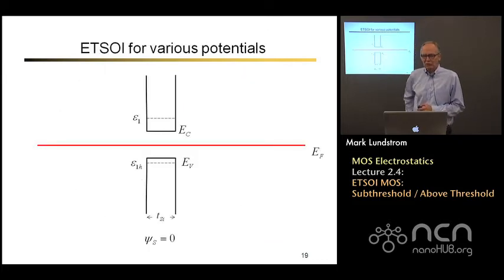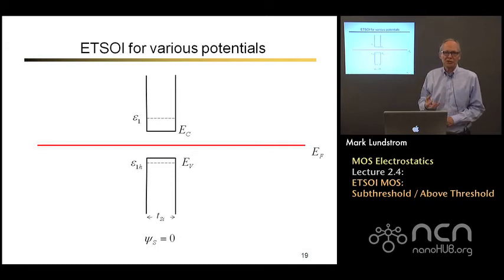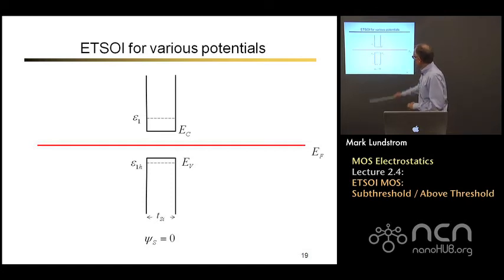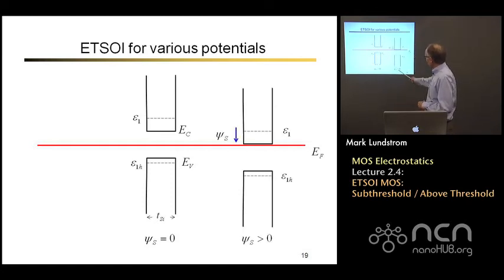Okay, so what would things look like for various potentials? If this is my starting point, I'll just call that my arbitrary reference. That's zero potential in the semiconductor. Psi sub s now refers to the semiconductor potential, which is uniform across that. If I apply a positive gate voltage, I'll induce a positive potential in the semiconductor.